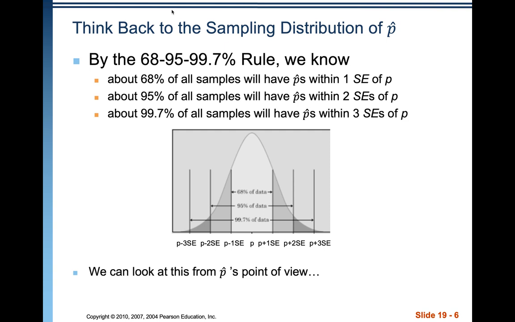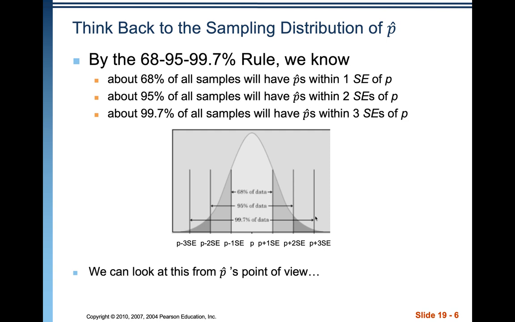In particular for sample proportions, we're going to find that about 68% of the data are going to fall within one standard error of our proportion p, and within two standard errors of our proportion p, we're going to capture 95% of the data, and then 99.7% of the data will be within three standard errors of the true proportion.